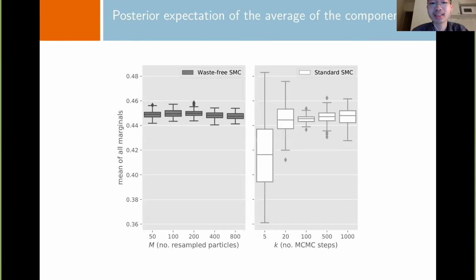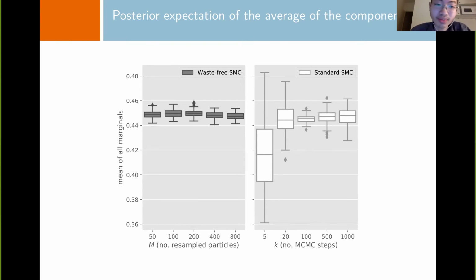So here are the figures that we got. On the left, you have estimates from the waste-free SMC algorithm. And on the right, you have results from the standard SMC. One striking feature for the waste-free SMC is that estimates are quite stable regardless of M, which is the number of resampled particles that you take.